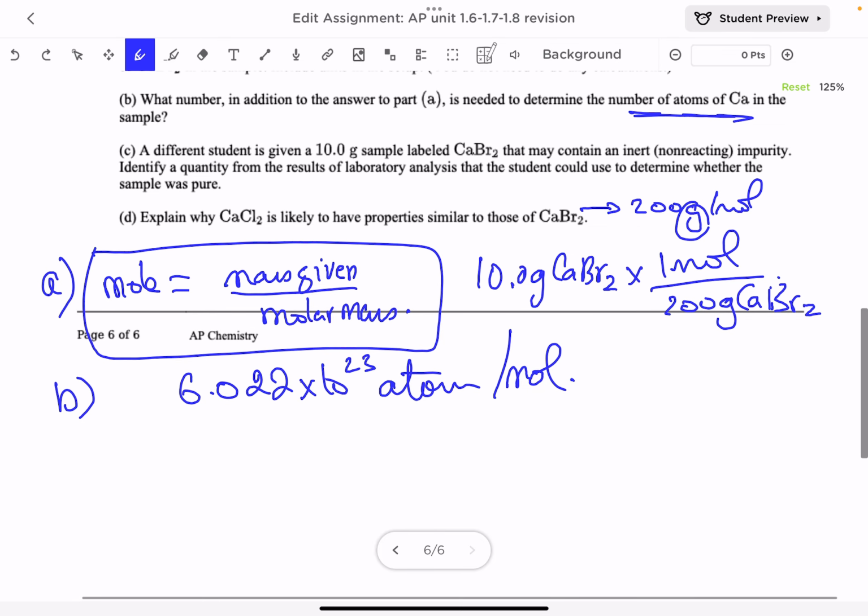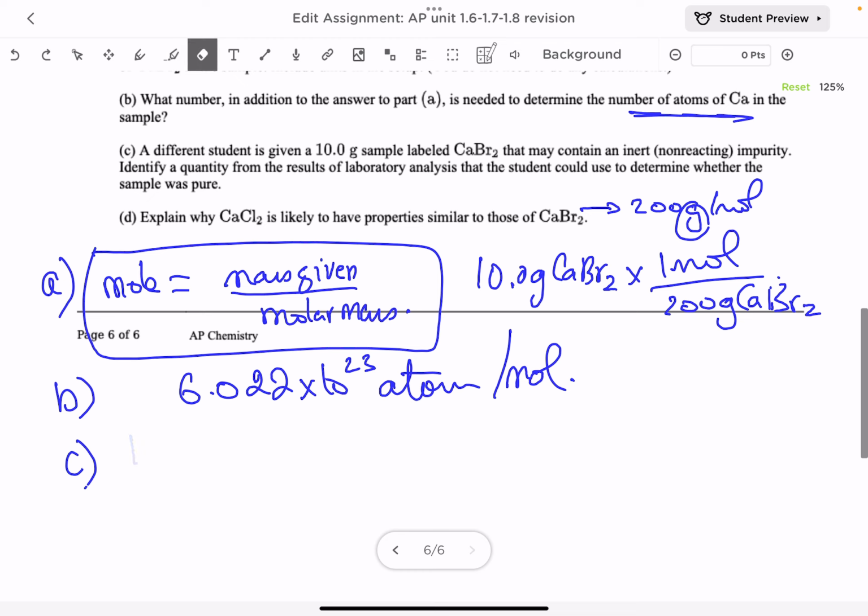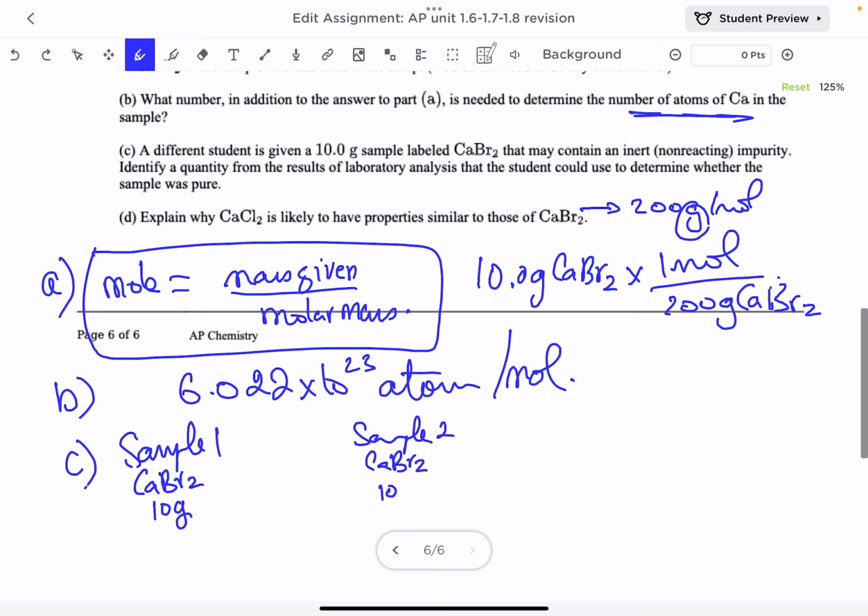Now the third question. A different student is given a 10-gram sample labeled CaBr2. So I have sample 1. Usually this is one type of question in the AP. They're going to ask you about impurities. So sample 1, you have calcium bromide with 10 grams compared with another sample of calcium bromide of 10 grams.